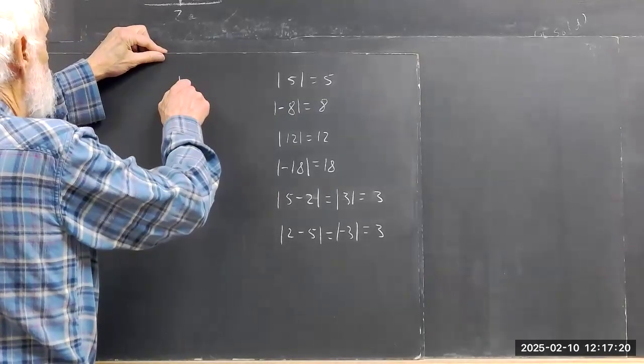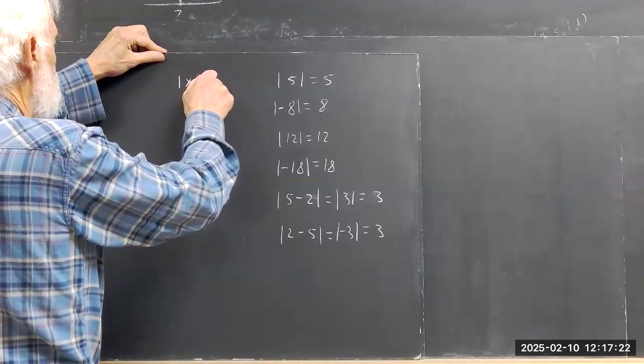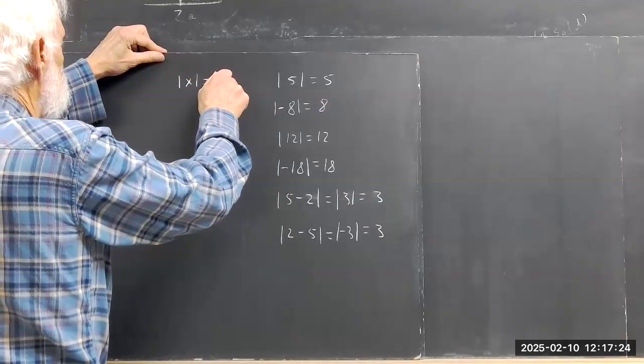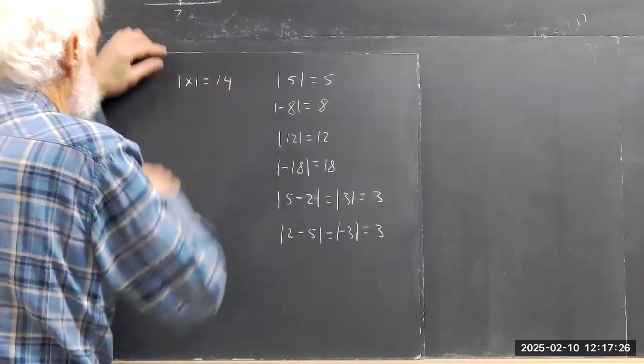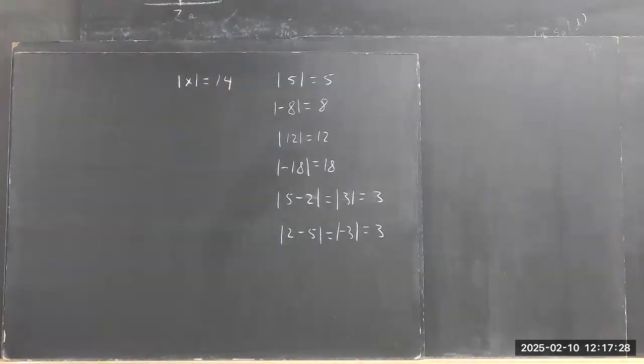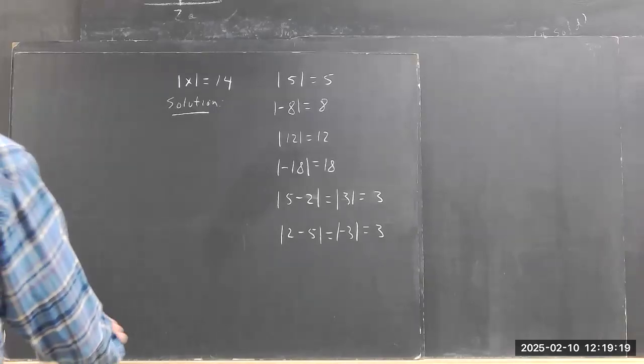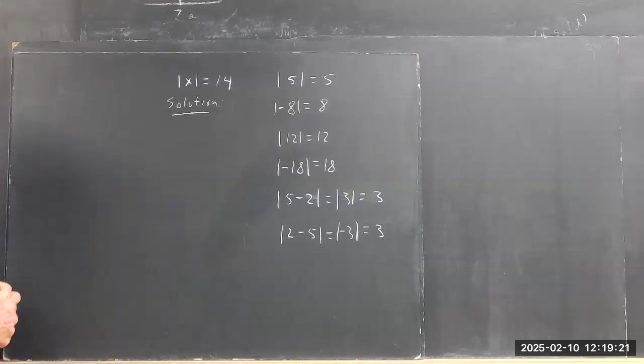Okay, so let's say we have the equation absolute value of x equals 14. How many different numbers could x be? Write down all possible numbers x that would make this true. Okay, here's the solution.